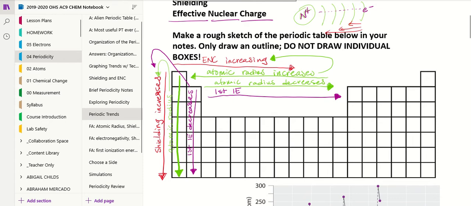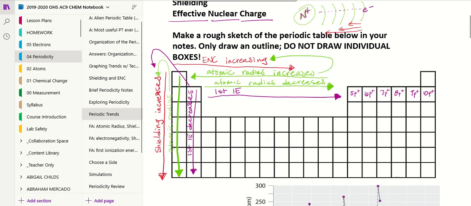Yeah. So if I look at boron, boron has 5 protons. Carbon has 6 protons, then 7, then 8, then 9, then 10.